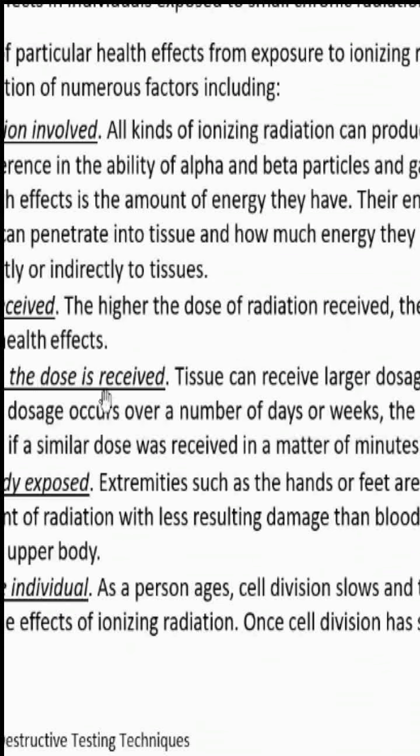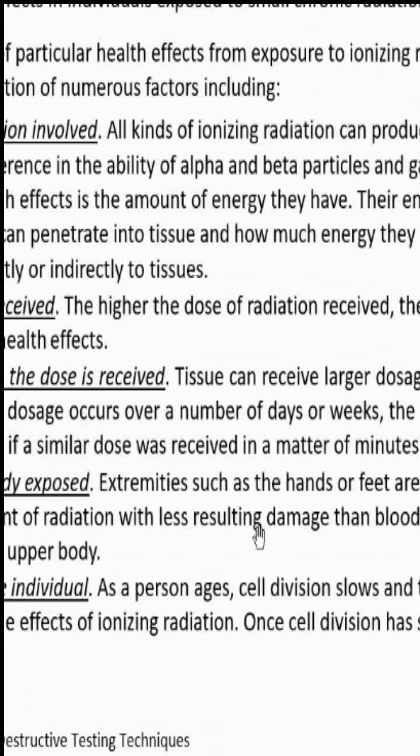Rate at which the dose is received: the same dose you are receiving repetitively. That is rate, and if you are receiving it every day you will have a different effect. If you are receiving it intermittently, week along week, it will have a different effect. Part of the body being exposed: the head will react differently to the radiation, the heart will have a different effect of radiation.